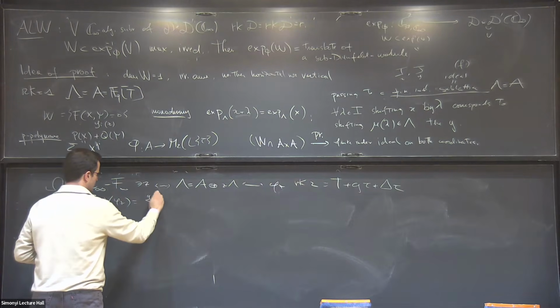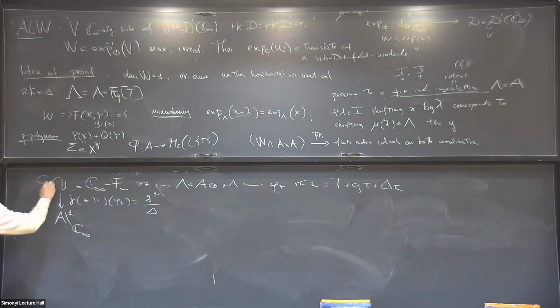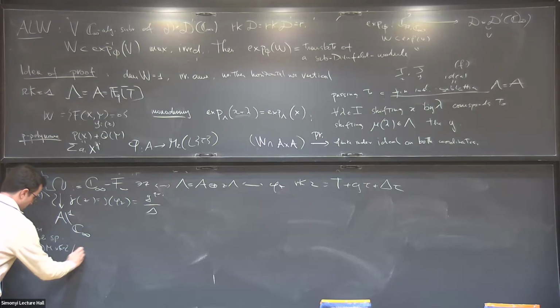It will be just g to the q plus 1 over delta, really that. Okay, so here also we have a GL2(A) action. It's very similar to the classical case. And so once we mod out by this, we get an isomorphism. And this is the coarse moduli space of Drinfeld modules of rank 2 up to isomorphism, of course, the Drinfeld modules of rank 2 over C infinity with no level structure, which as usual doesn't matter also in this case. Okay.